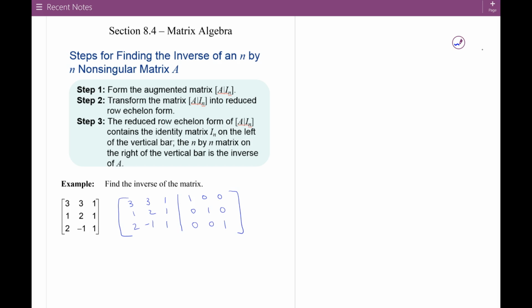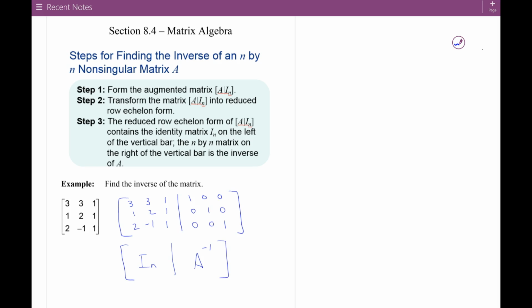Then you're going to go step by step and transform this matrix into what we'll learn about called reduced row echelon form. And once we do that, then on the left will be the identity matrix, and on the right will be the inverse matrix.